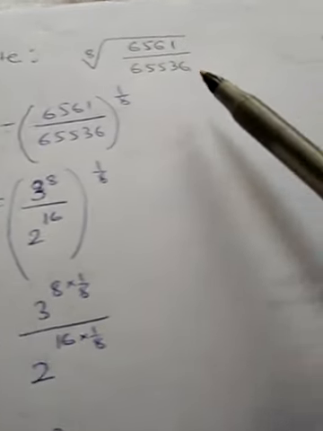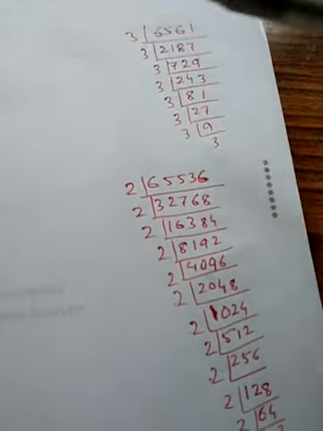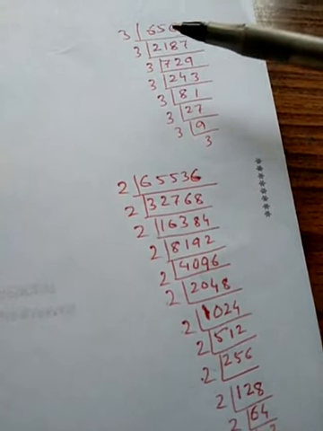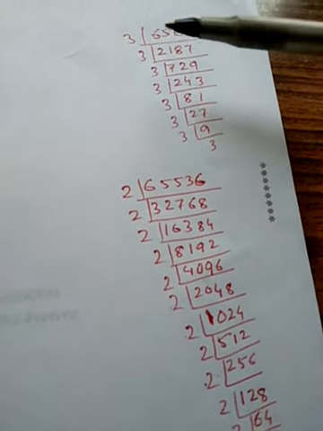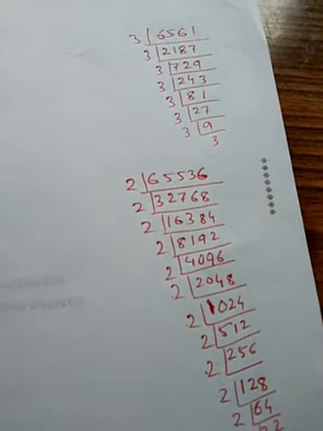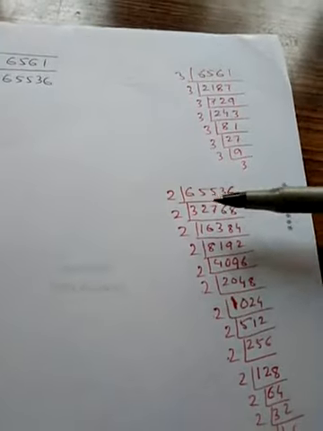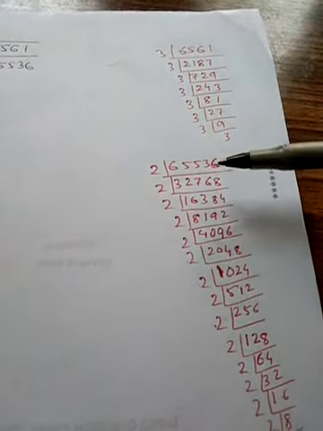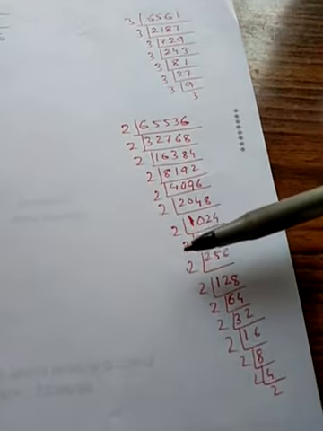For this we have to factorize the way we used to do earlier. So we have divided it by 3, and we have got 3 to the power 8. In the denominator we have divided by 2 because this is an even number, and keep on doing.